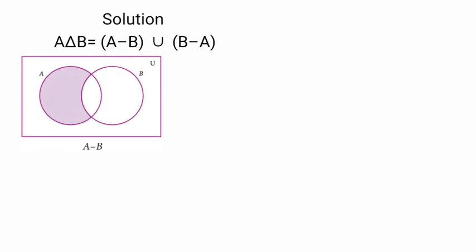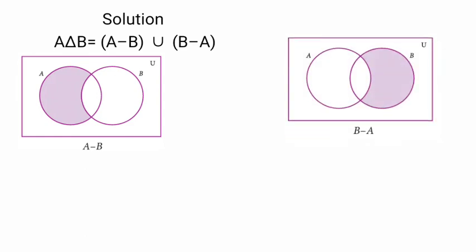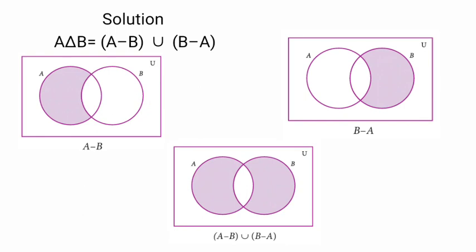Next, Example 1.16: represent A delta B through a Venn diagram. Solution: A delta B equal to A difference B union B difference A. That is the formula. Using a Venn diagram, represent A delta B. First one, A difference B. What is the meaning of A difference B?